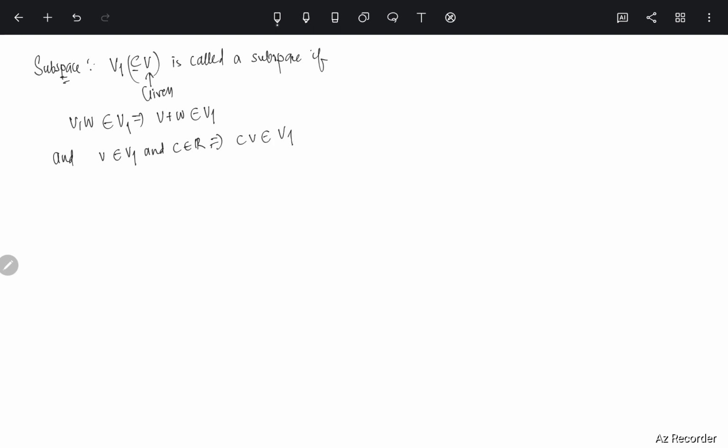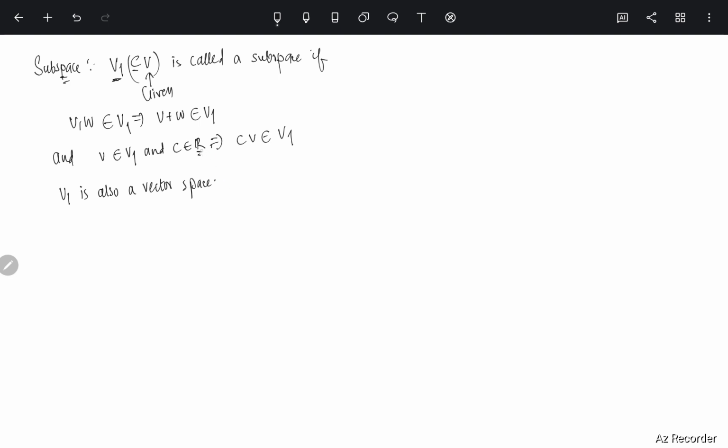If these two properties hold, then of course v and w in V1 are also in V. But basically what I'm trying to say is this: V1 inherits the properties of scalar multiplication and vector addition. Those two binary operations and their properties are inherited by V1, so V1 is also a vector space over whatever the field is.